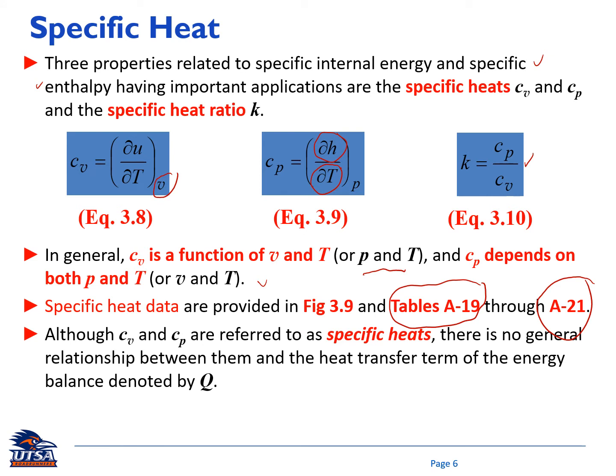In real applications, usually people talk about Cv and Cp as a specific heat that shows how much heat needs to be applied to the matter to increase the temperature by 1 degree.